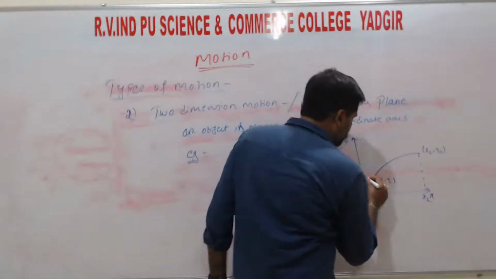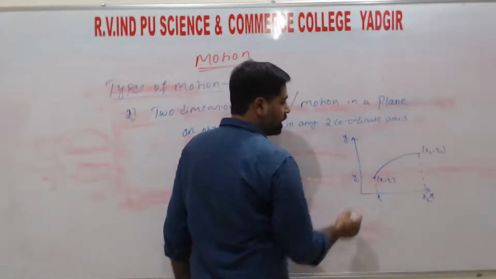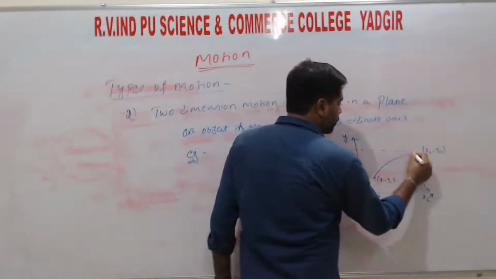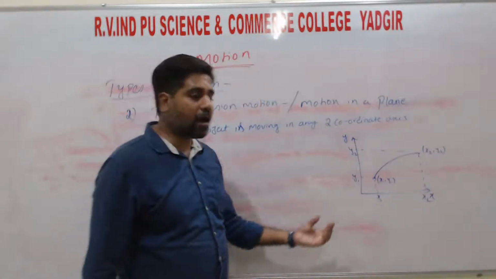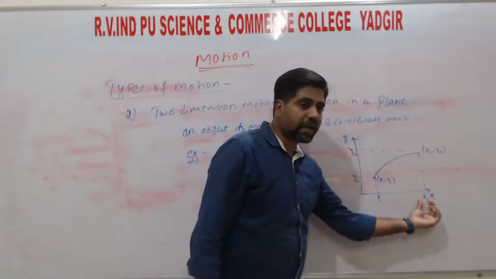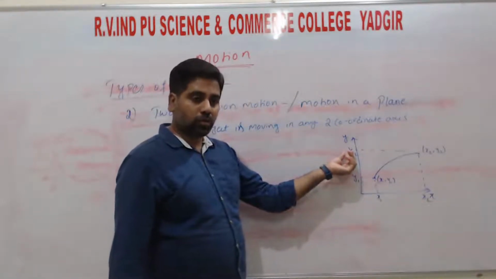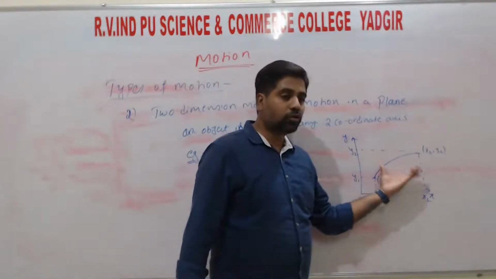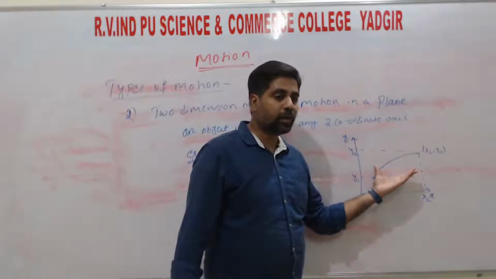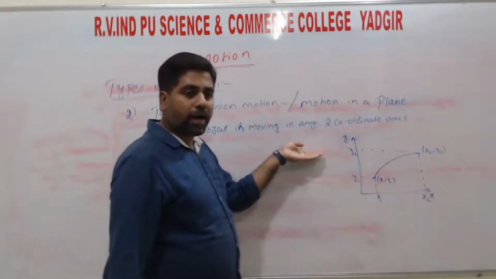In a similar way, the position of the object changes along the y-axis from y1 to y2, right? So we have a change in position along the x-axis as well as the y-axis. Here the object follows two paths, that is, along the x-axis and along the y-axis.